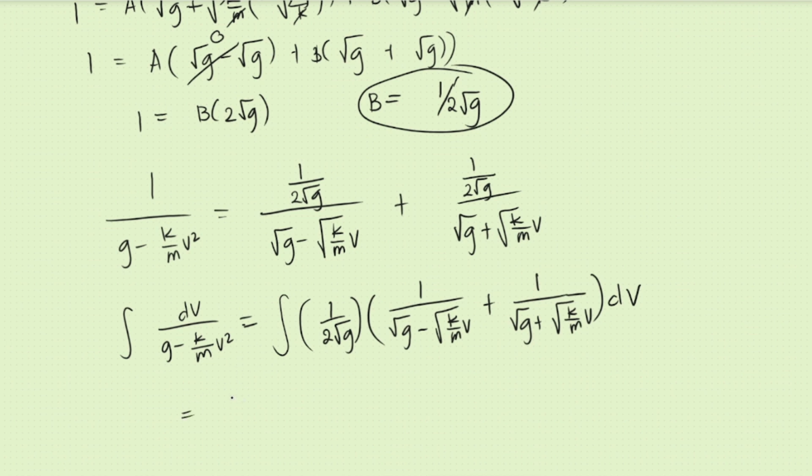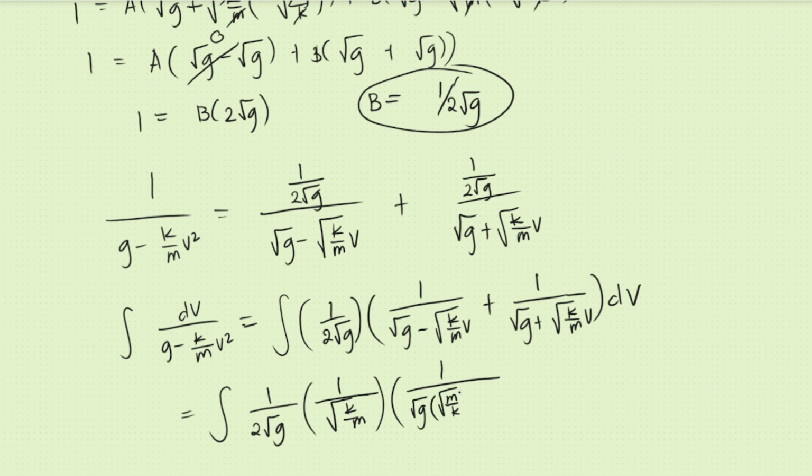Factor out the integral of 1 over 2 square root of g, and factor out the 1 over square root of k over m. If we factor out 1 over square root of k over m, we'd be left with 1 over square root of g times square root of m over k minus v, because you just take the reciprocal and multiply it in here, plus 1 over square root of g times square root of m over k plus v.